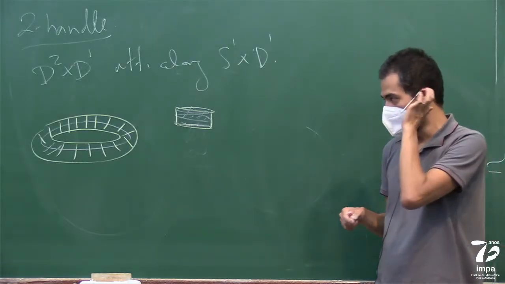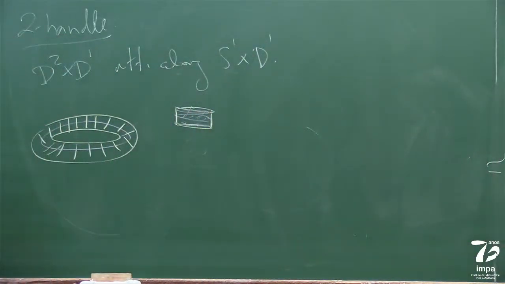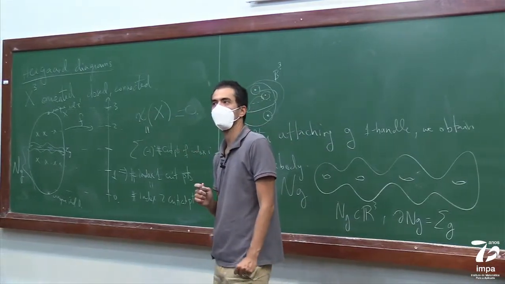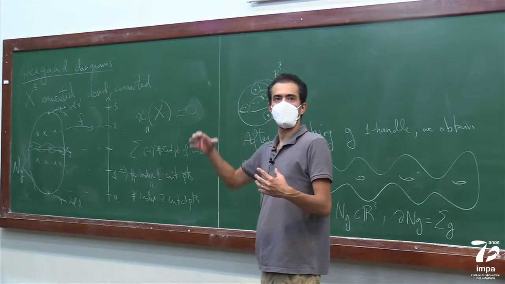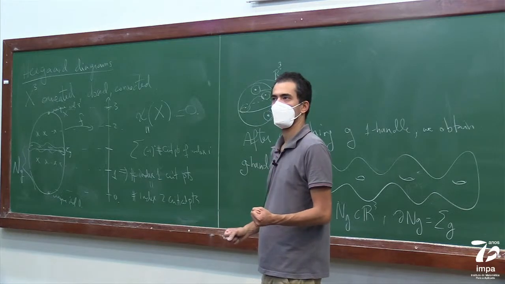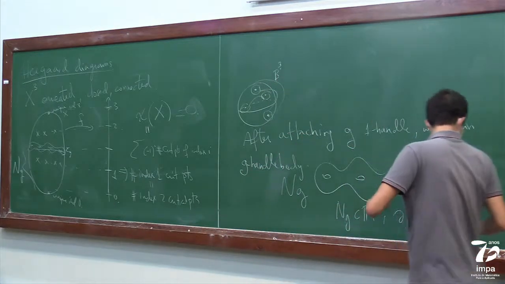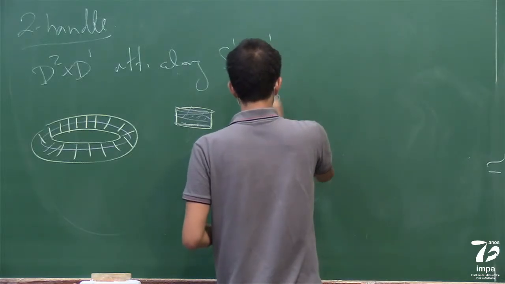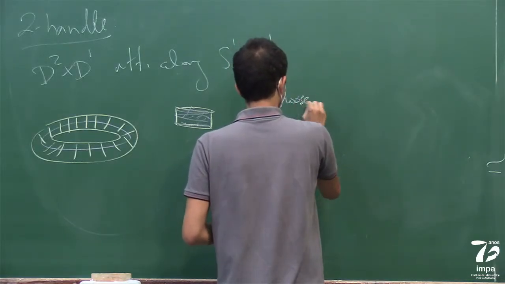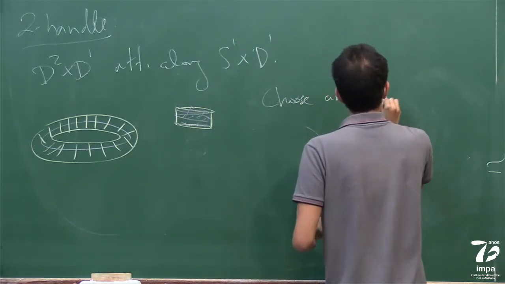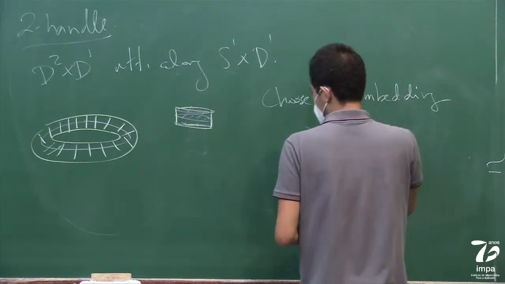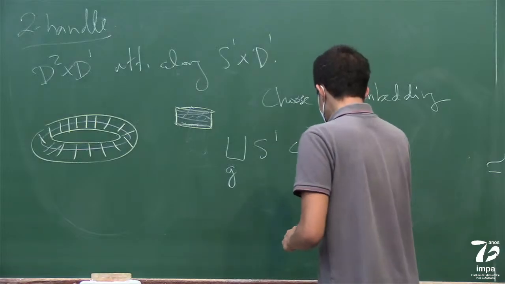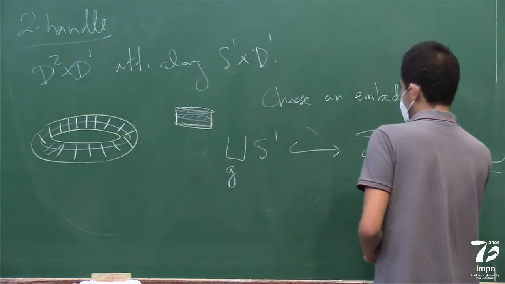So now if I have this genus G handle body, I have to attach G two handles. So I have to choose G circles on my surface. Basically, I have to find or choose an embedding of G circles into my genus G handle body.